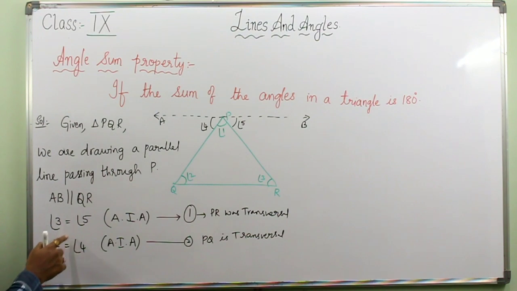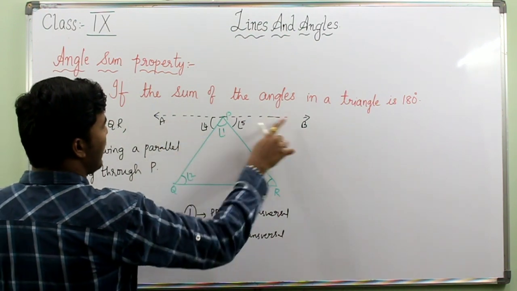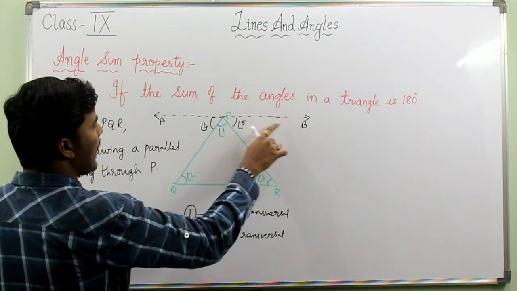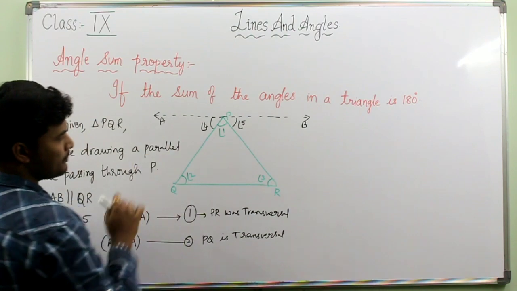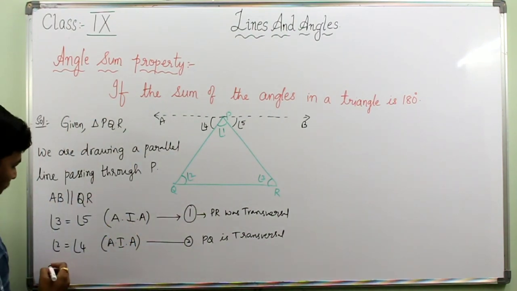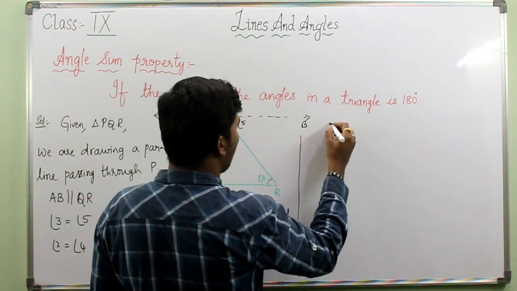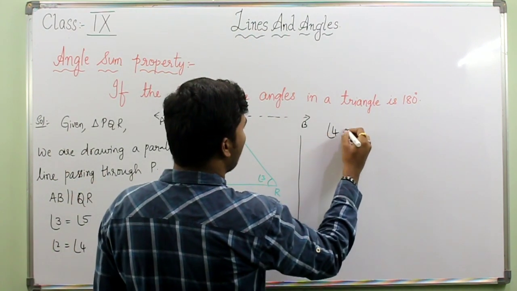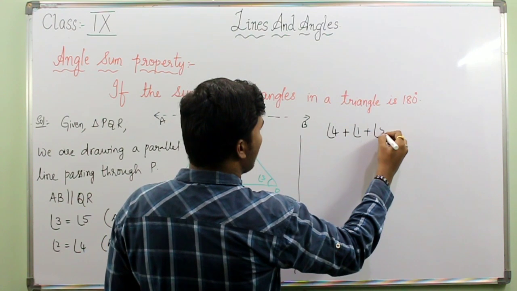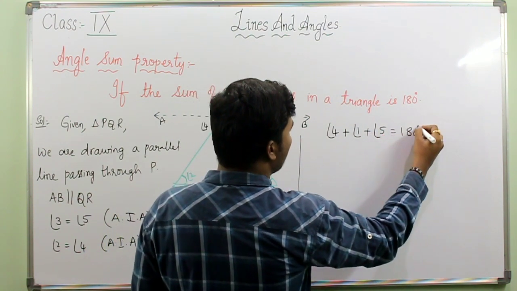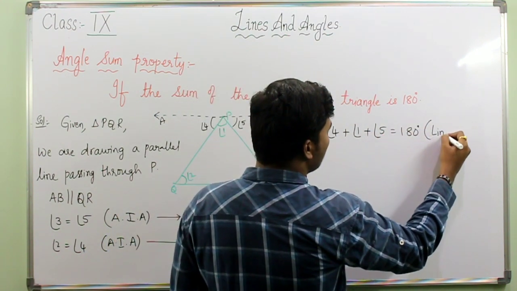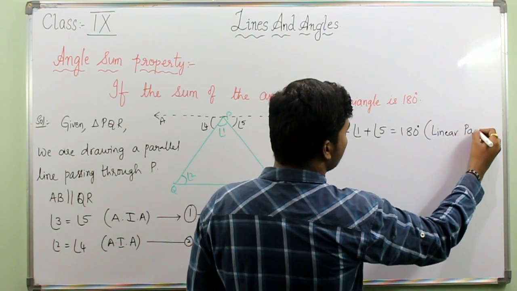Now, naming these as 1 and 2: AB is a straight line, and it forms a linear pair, that is, angle 4 plus angle 1 plus angle 5 equals 180 degrees. The reason is linear pair.